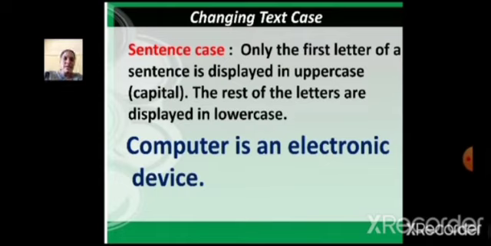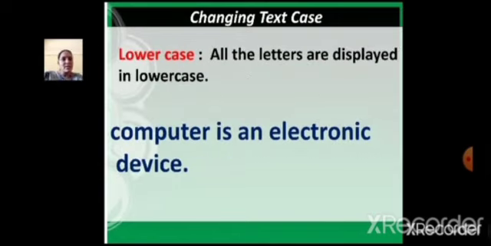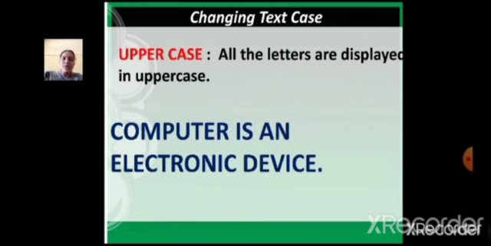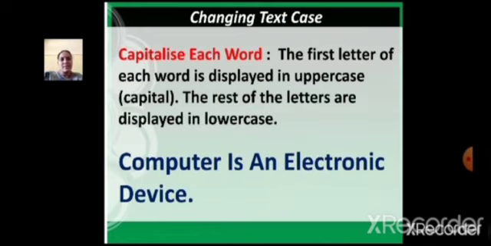So the first one, sentence case, in which only the first letter of a sentence will be in capital. Other letters will be in small, that is lowercase. Lowercase, where all the letters in a sentence are in lowercase, that is small letters. Uppercase, all the letters are displayed in uppercase, capitals.